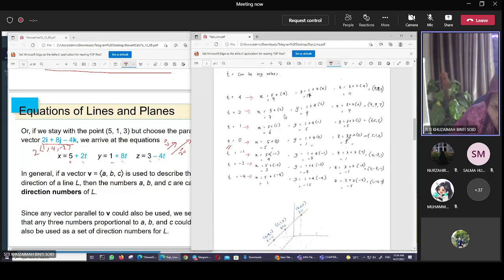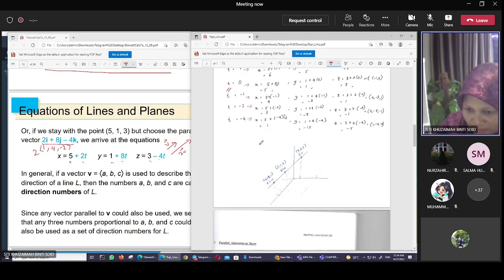We substitute into this. Boleh je parametrik ke dalam vector equation. So yang saya buat ni saya substitute in parametric equation. T equals to 1 tadi 6, 5, 5. T equals to negative 1, this one. If you continue substituting, you will see the coordinates memang lie on this.